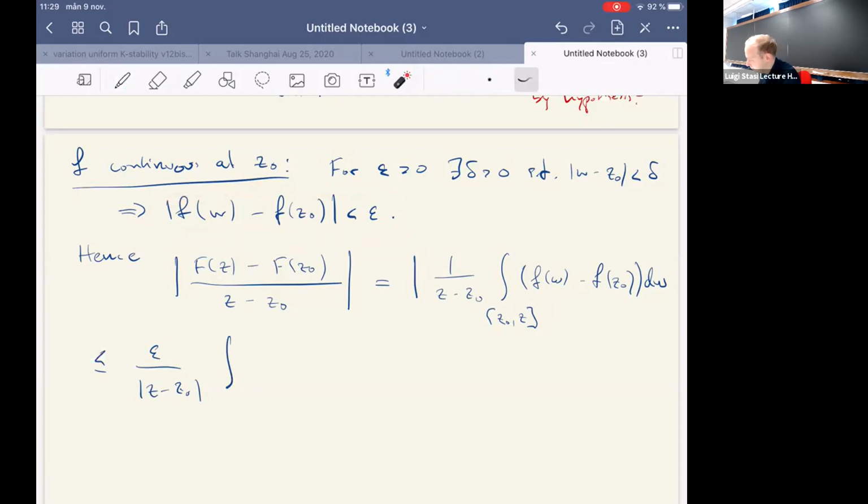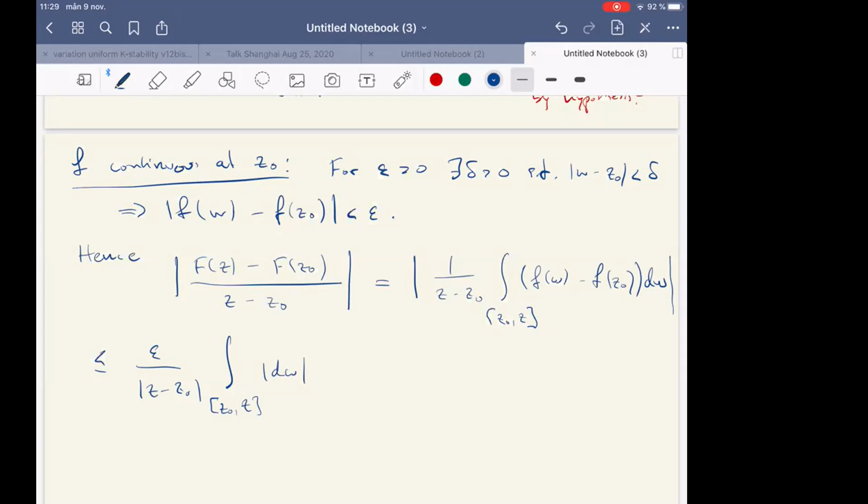over, so now I'm using this here. So what I do is I put the absolute value inside the integral, and I forgot also to close this absolute value here. I do all this in one step, so this is less than or equal to this, times this. And what is this equal to?